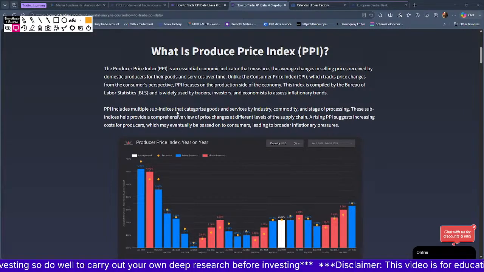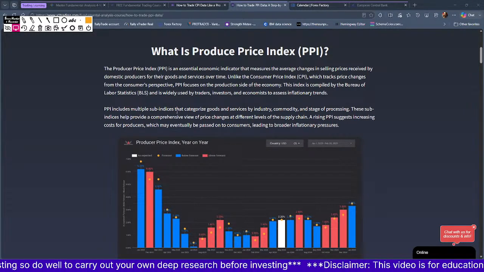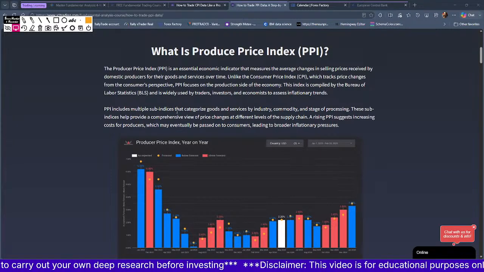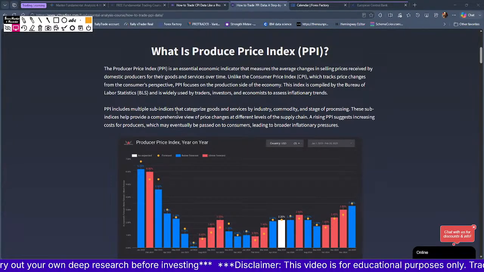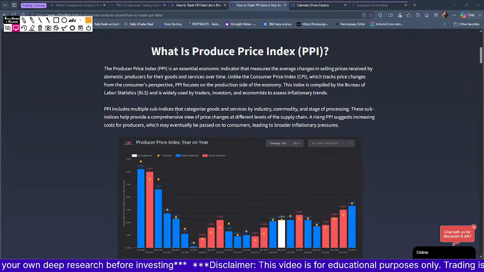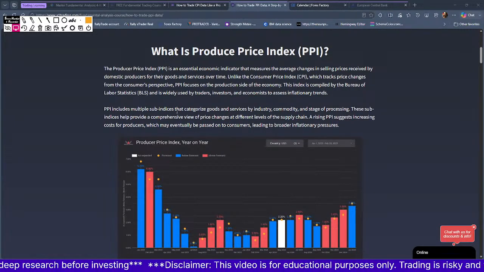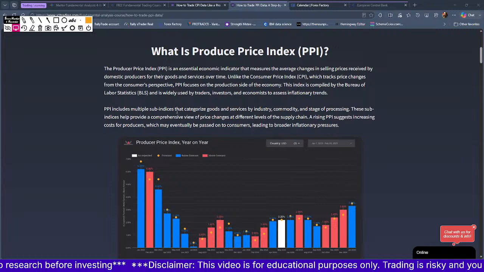The index is compiled by the Bureau of Labor Statistics and is widely used by traders, investors, and economists to assess inflationary trends.